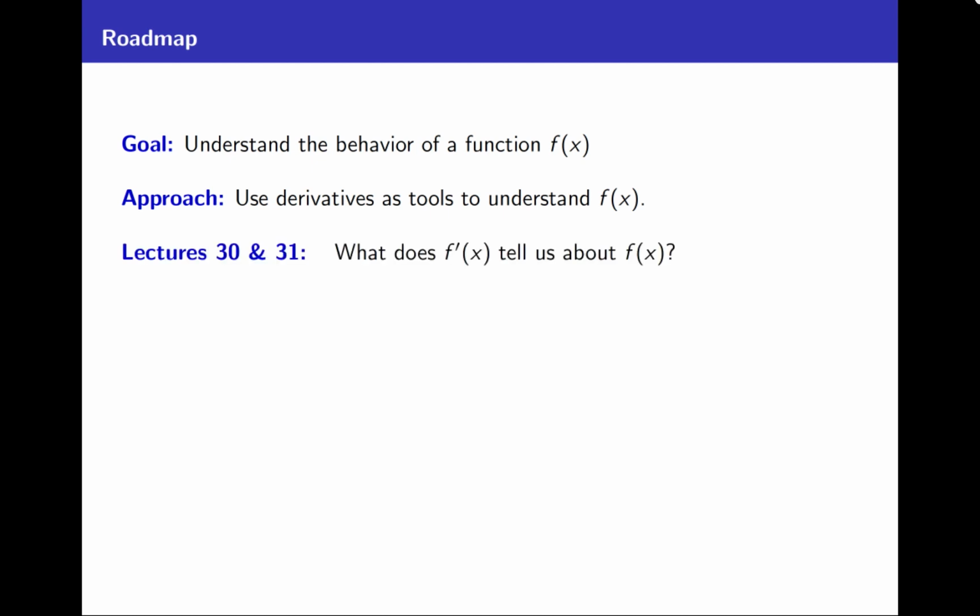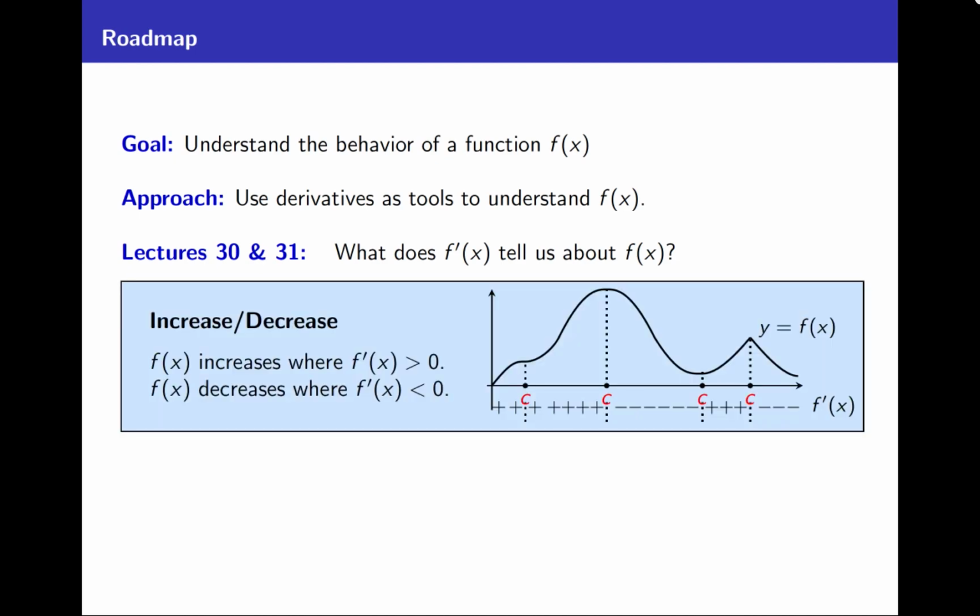In lectures 30 and 31, we asked the question, what does f prime of x tell us about f of x? And we found that f prime tells us about the increase-decrease of f. F of x increases where f prime of x is positive, and f of x decreases where f prime of x is negative.